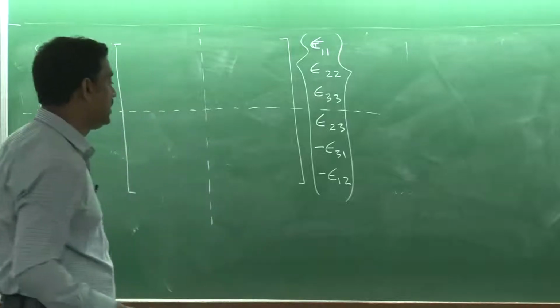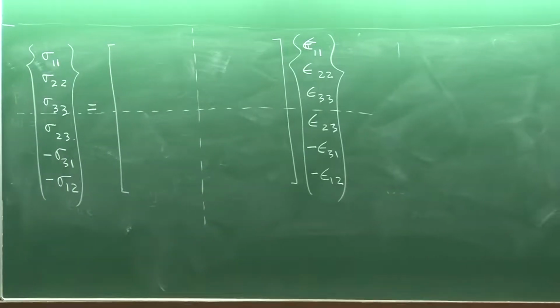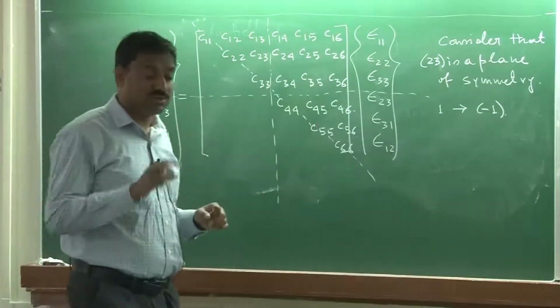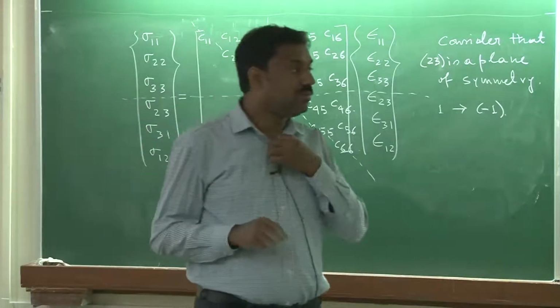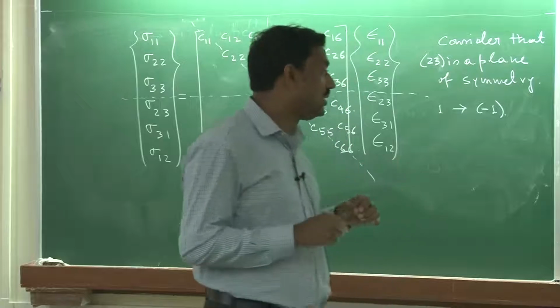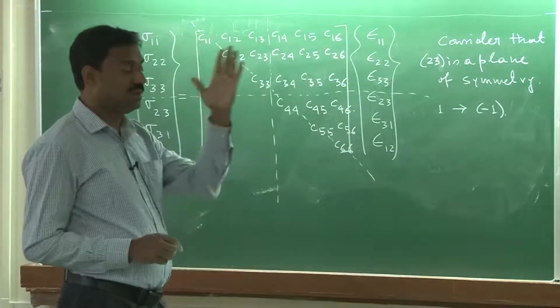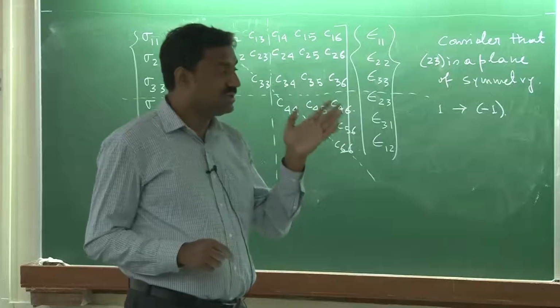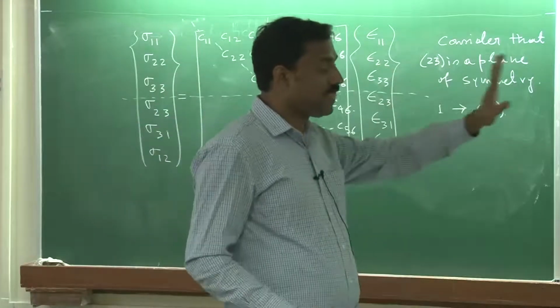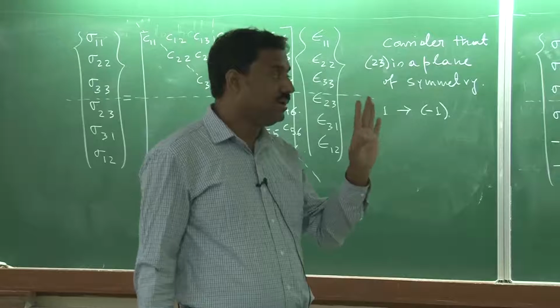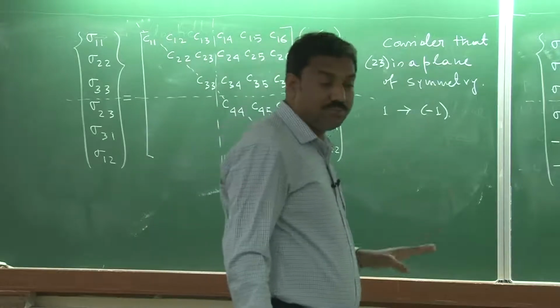Okay, this is the way it is. Now, you understand why, when I am reflecting, if you consider a small elementary volume, and once again go to coordinate axes 1 2 3, and 2 3 is the plane of symmetry. So 2 3 is where I am putting the mirror.